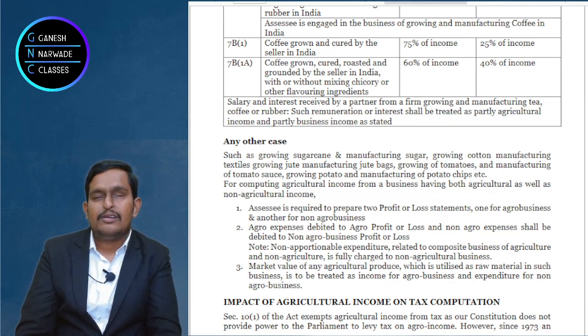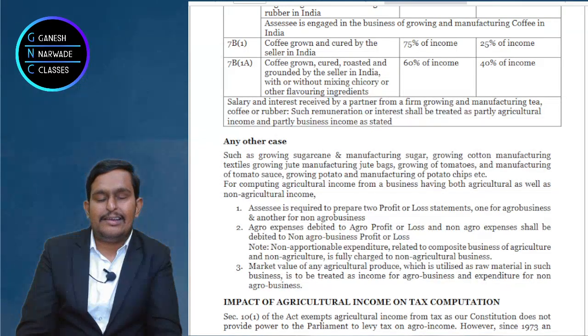If you have conversion of agricultural produce to saleable products using plant and machinery, right, then that expenses you will put it in non-agricultural P&L account, correct? Agricultural produce, whatever you sold as it is in the market, that becomes your agricultural revenue. You will credit it. Simple? Yes.